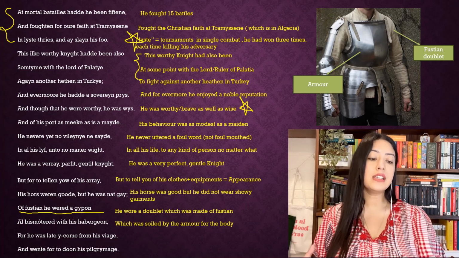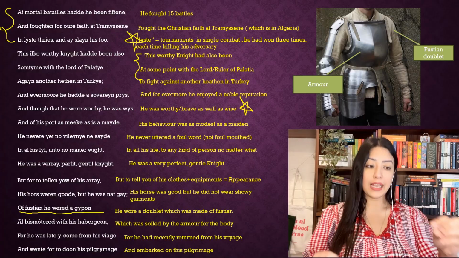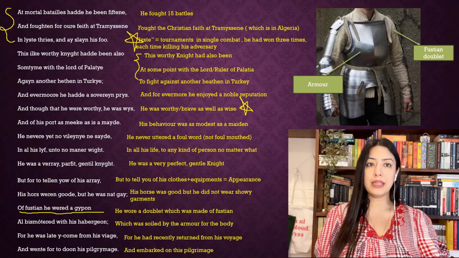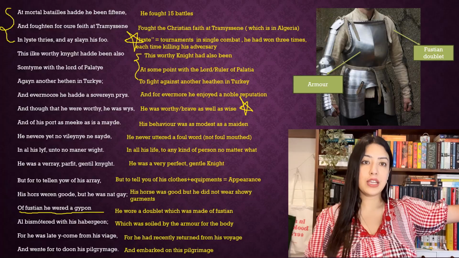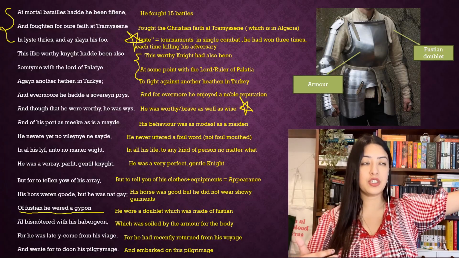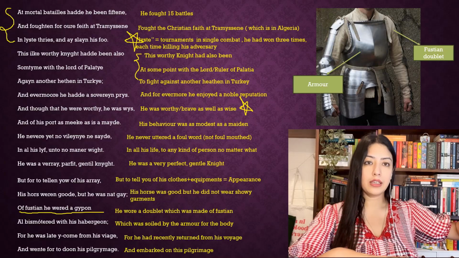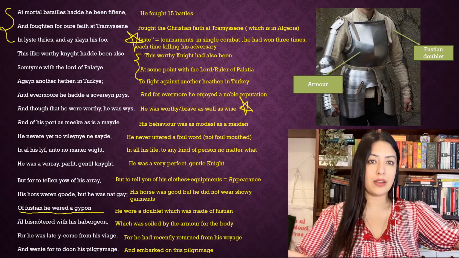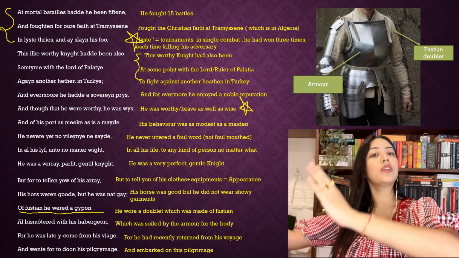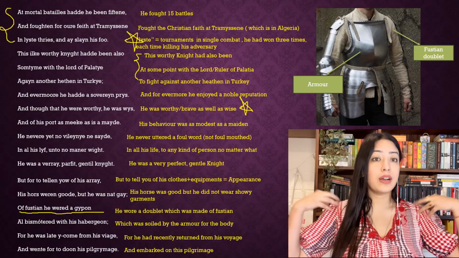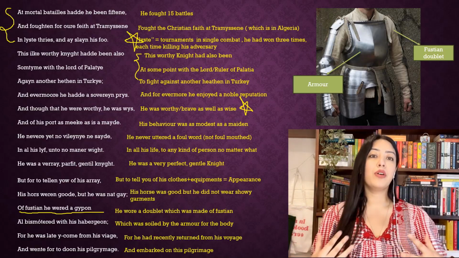And for he had recently returned from his voyage. So technically what Chaucer is telling us is probably he had been on a voyage, he had fought there, or he had gone on an expedition. On his way back, he just put down his armor, he just put down all his weapons and everything, and he had directly embarked on the pilgrimage. So his fustian was soiled by the armor for the body.